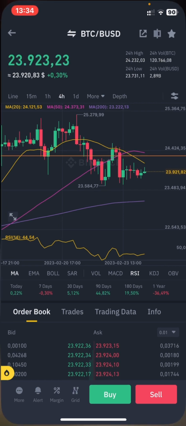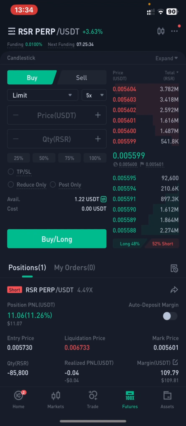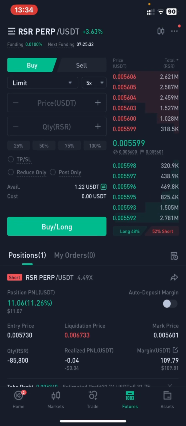At least right now I've made 11% return on investment. So this is good. This is really good for a daily trade. So right now I think I'm going to close this trade because Bitcoin is doing good right now.